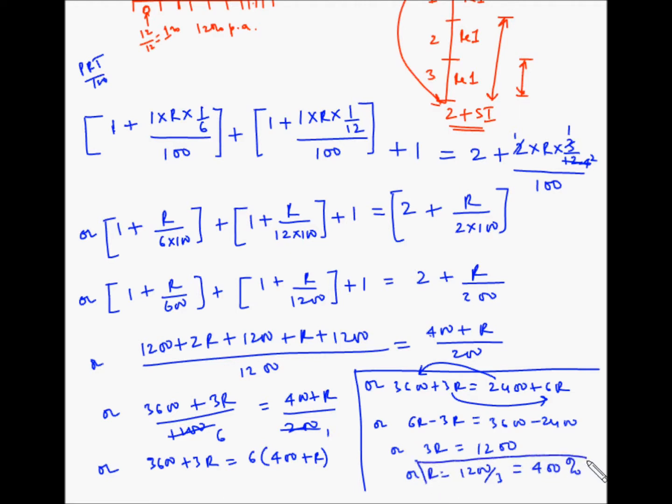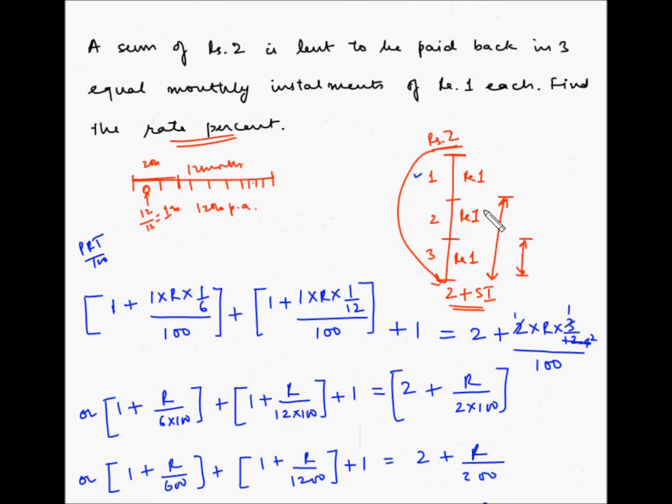So the rate of interest is 400%. So let's quickly validate this, whether this looks right or not. So we have lent rupees 2 and the equal monthly installment is rupee 1 each for the first 3 months.